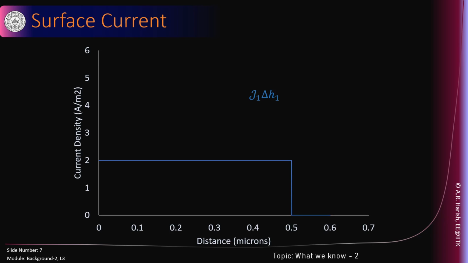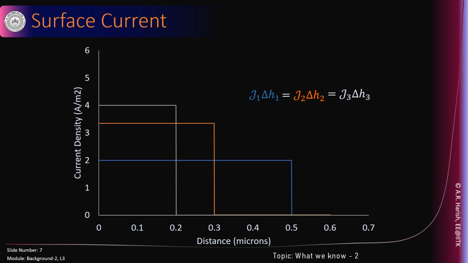So J1 times delta h1 has a certain area. This is the area of that rectangle. Now let's choose another value of J, J2, and another value of delta h called delta h2, such that J2 times delta h2 is equal to J1 times delta h1. We can keep doing that. Similarly, we have J3 delta h3 equal to J1 delta h1, and J4 delta h4 is also equal to the same area, and so on.